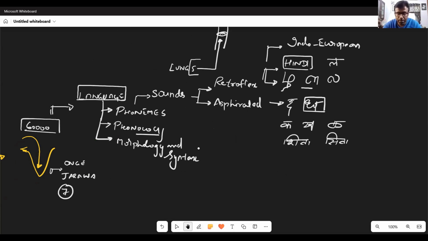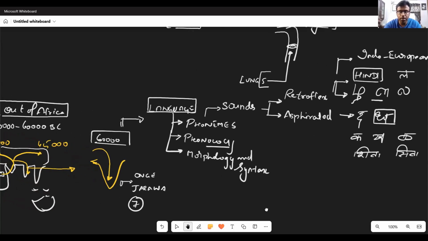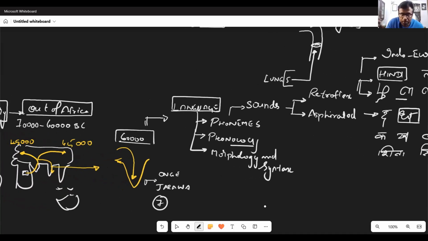For example, if you see the structure of a language, certain languages have subject, verb, and object. That is, I did this.